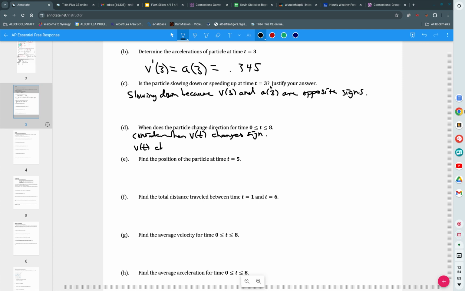v of t changes from negative to positive at time equals 3.141.